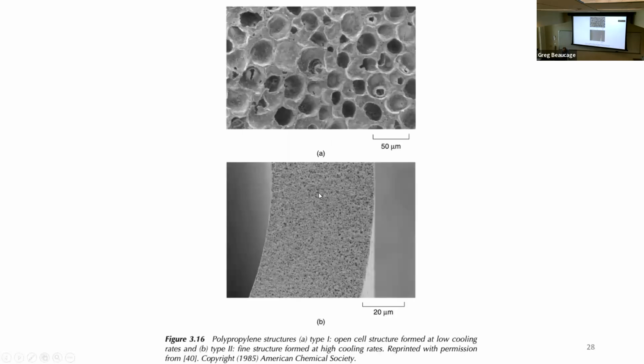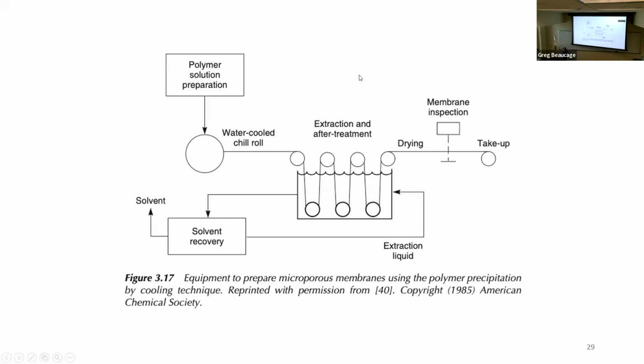These are 10 micron pores that are formed in the same polypropylene. This is by cooling into a phase separated region for the polypropylene, whatever solvent they use. Water cooled chill rolls. That's like a shock treatment, like a T jump to get some kind of spinodal structure if you can get it.